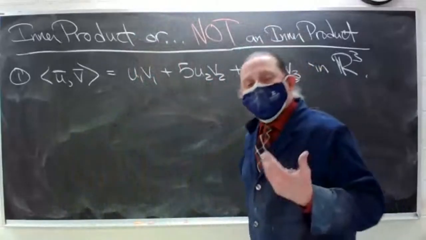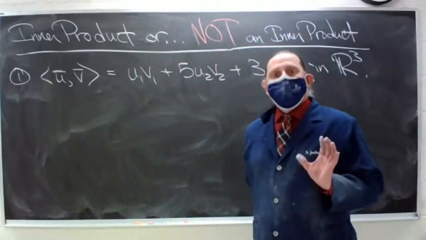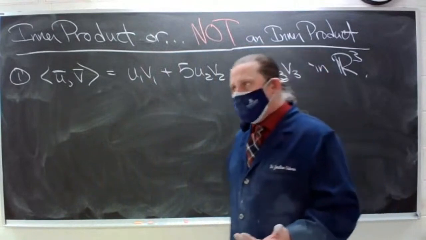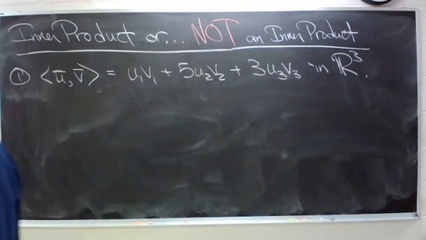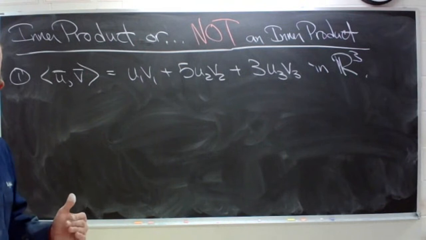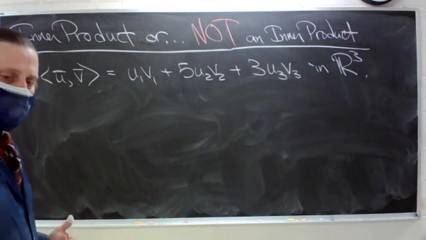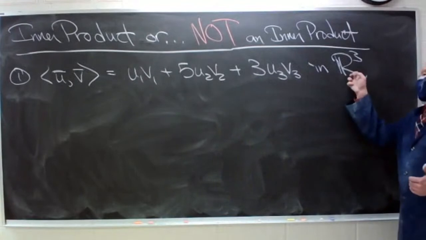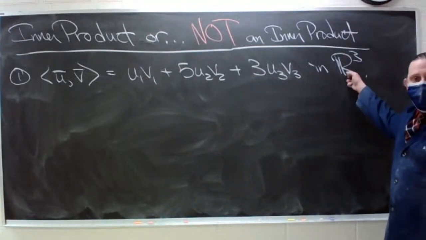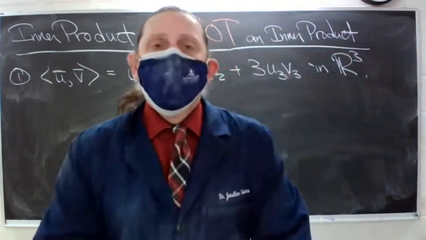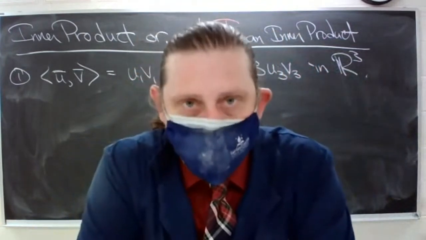So we're considering candidate inner products here. We want to see whether or not, again, a candidate inner product actually has what it takes to be an inner product. We're working here in the real number spaces, so I'm not going to write the complex conjugates because I don't need to here.